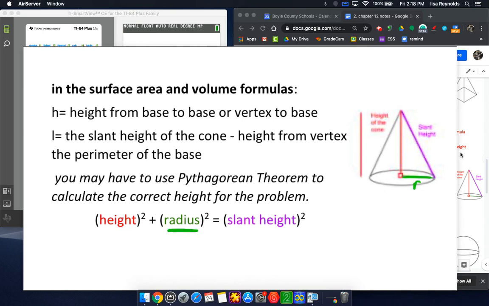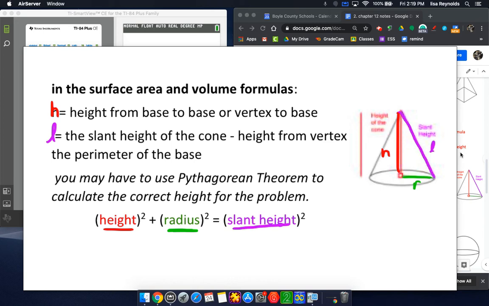So the radius is something that we're going to know. And then we can calculate either of the heights. So we have our height, which is that perpendicular distance. And we have our slant height, which is on the outer surface of our cone.